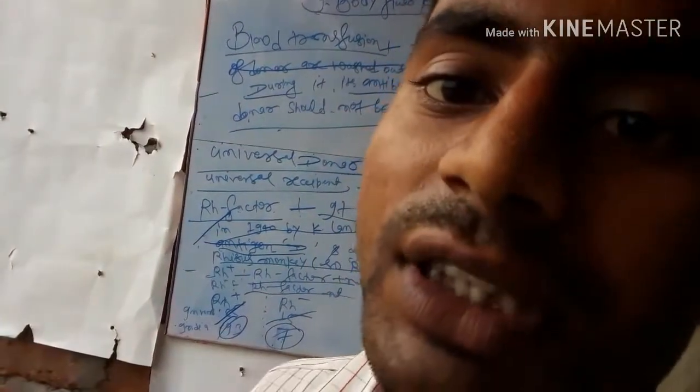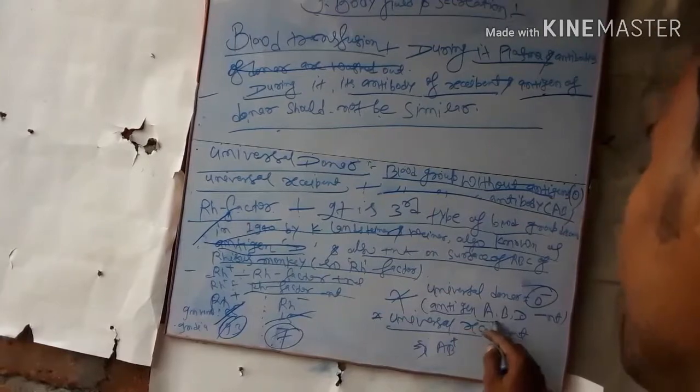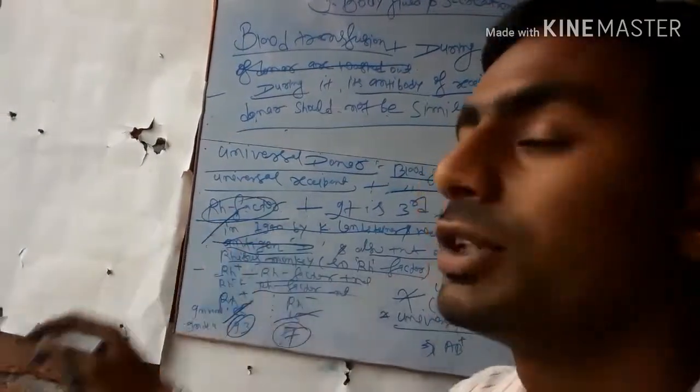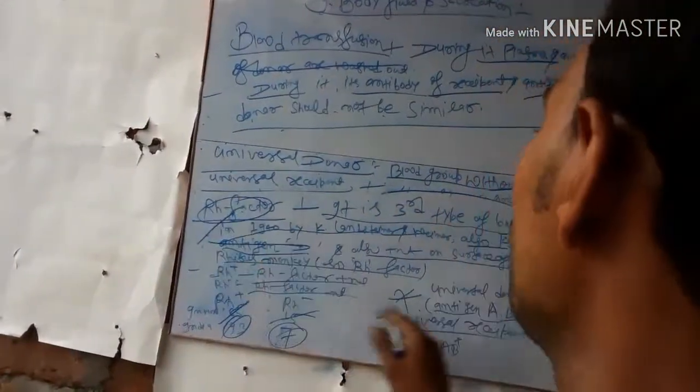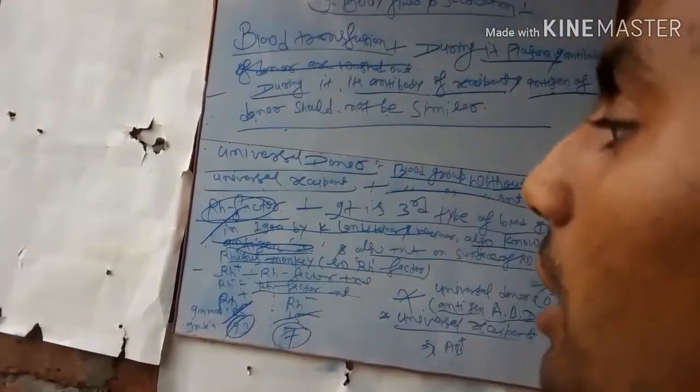Negative means the rhesus factor is absent: in O negative, antigens A, B and D are absent. The universal recipient is AB positive, which means the RH factor is present.